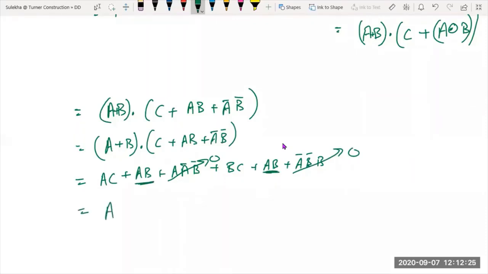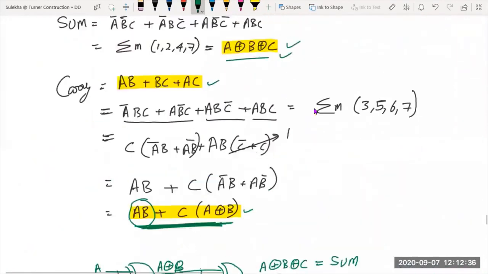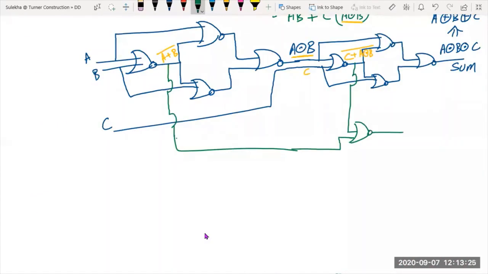So it is basically AB plus BC plus AC. You know that this is the equation you are getting here. If you draw your circuit in this way, you will get AB plus BC plus CA after simplification, which is nothing but your carry one.